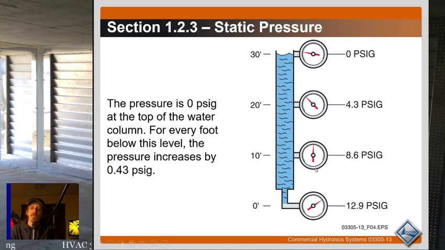Now, if you've got a boiler system in a building that's 10 stories tall, then you need about 40 psi. If it's feeding that whole 10-story building from the bottom, you're going to need like 45, 50 psi to make sure you've got a solid column of water all the way to the top.